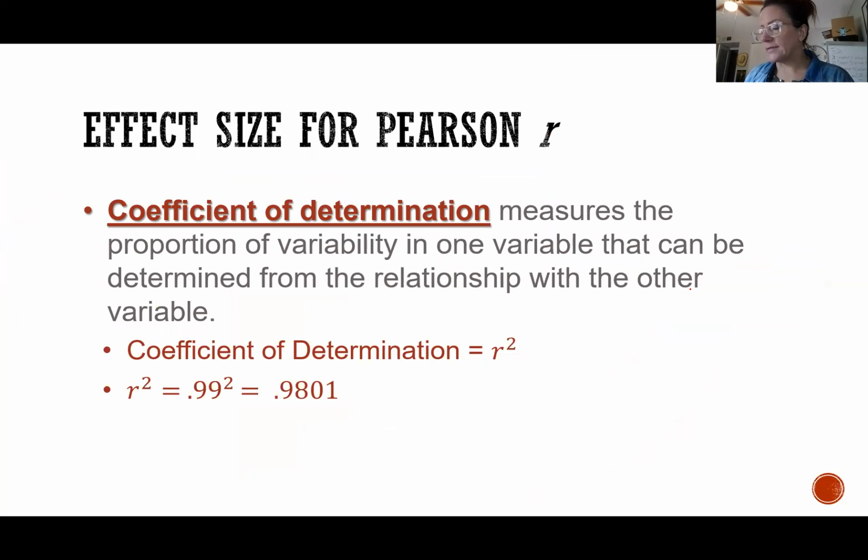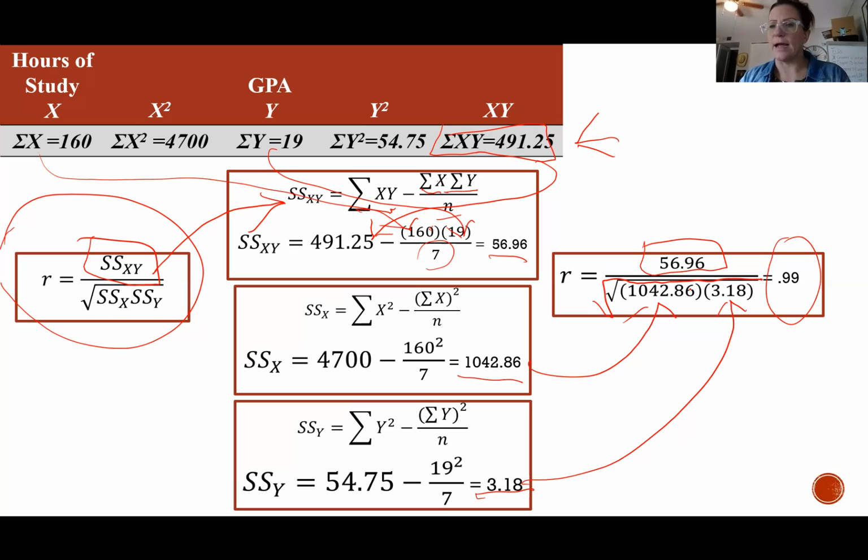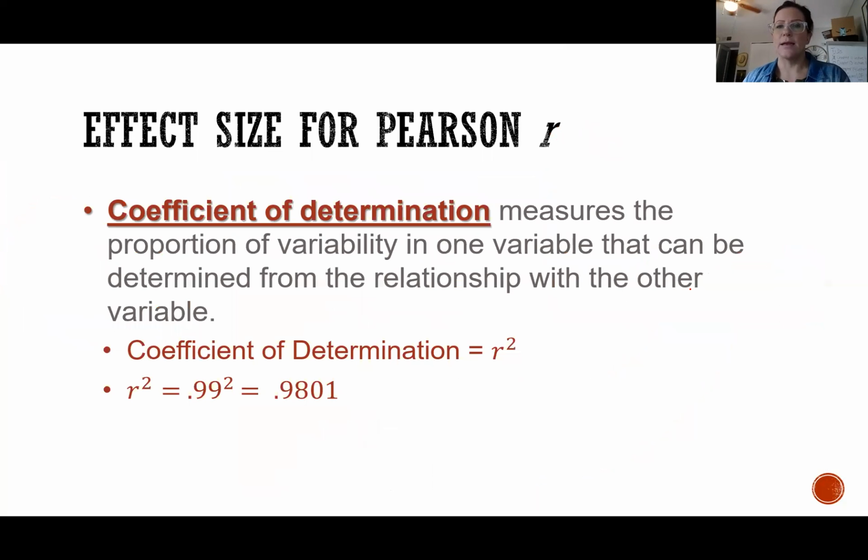So now, if you notice, we got 0.99 for our obtained. Now we can get our effect size. The effect size for Pearson R is called the coefficient of determination. And this is complicated because R is known as the correlation coefficient, but the effect size is known as the coefficient of determination. And that's just basically the same as eta squared was, the proportion of variability in one variable that can be determined from the relationship with the other. So it's how much the relationship between the variables rely on one another.